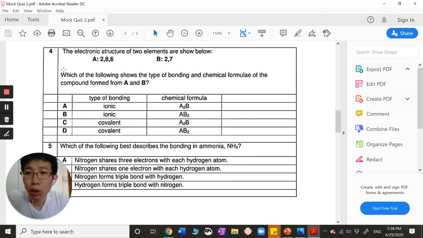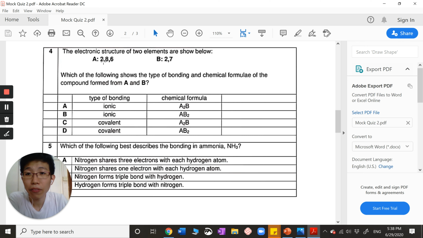If you look at your mock quiz 2, this is an example of an electronic configuration. For the first shell, you put up to 2 electrons, and after that you put in the order of 8, so 2, 8 and 6.